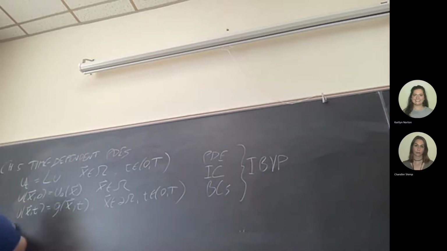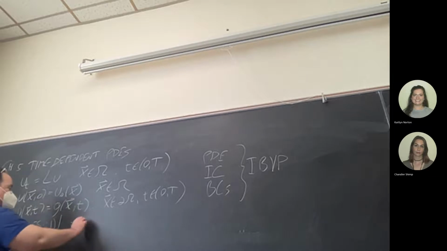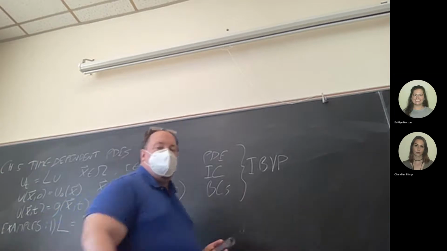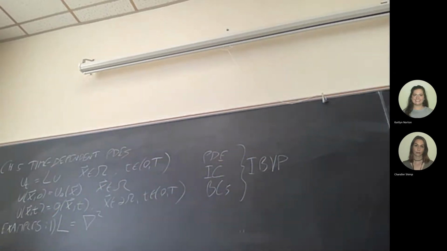So here's some examples of the operator L. The most straightforward one you've seen most often is the Laplacian. So if I fill in the Laplacian here, we would just have a heat equation.